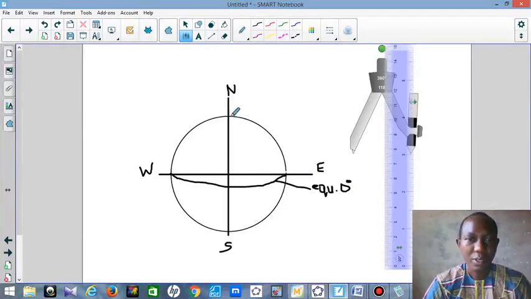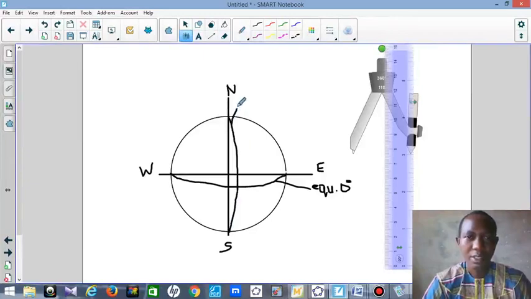Then on this equator, the first one is 67 degrees east. So you draw your longitude, something like this, you do on paper, just make it neat. And make sure you label it 67 degrees east.